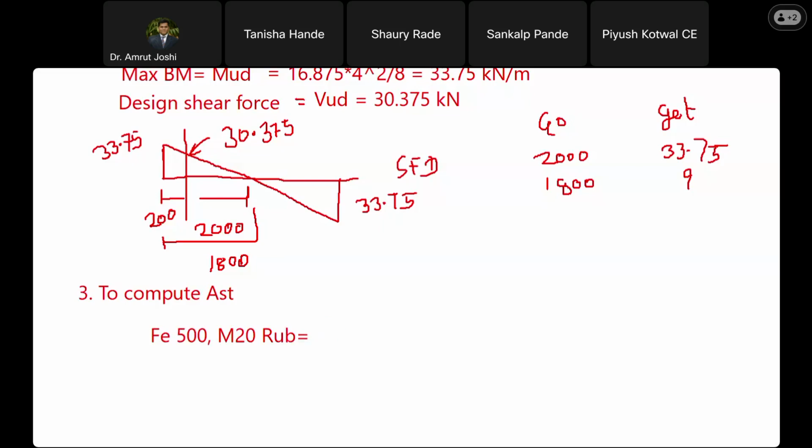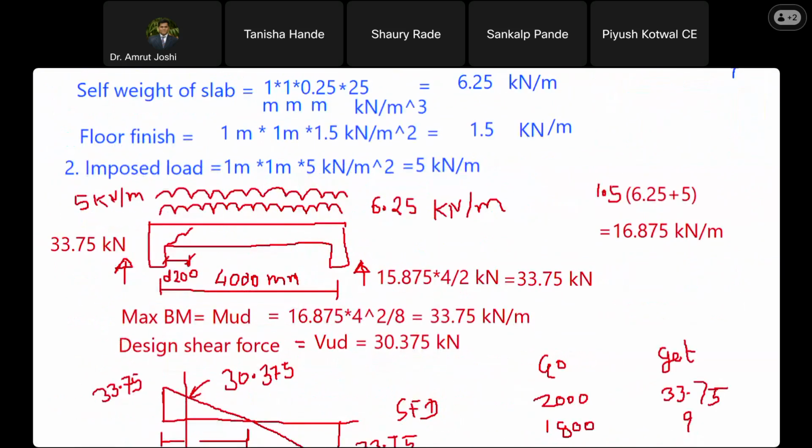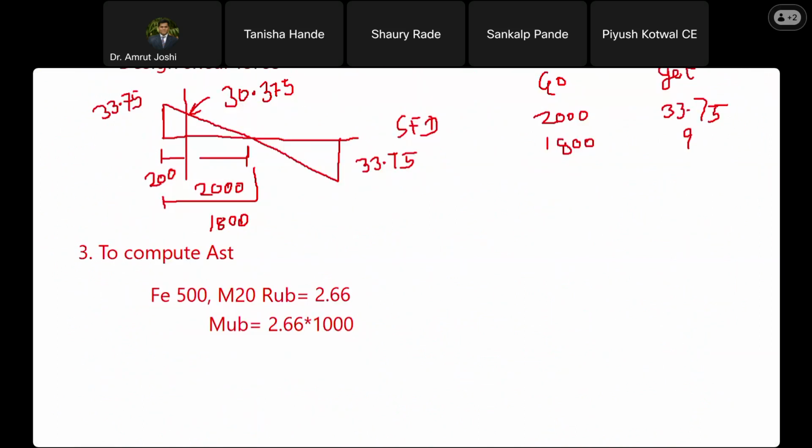2.66. Now, what is the moment of resistance of a balanced section? Let me calculate that. Moment of resistance of a balanced section is 2.66 multiplied by B into D square. B is 1000 because we are considering the slab to be a beam of width 1000 mm. Are you with me? Yes, sir. Let me also draw the cross section so that we are on the same page.